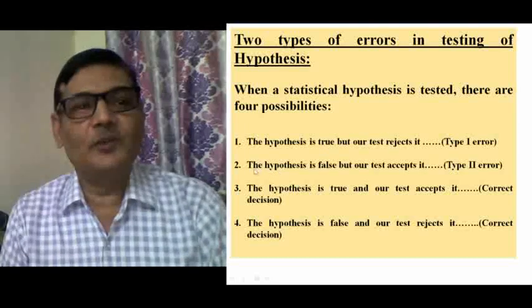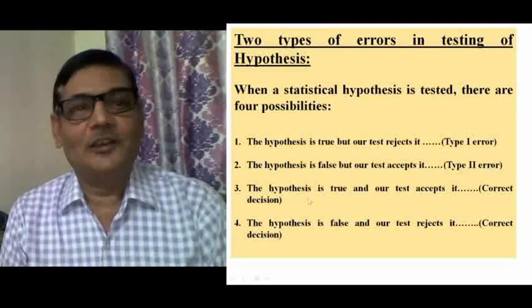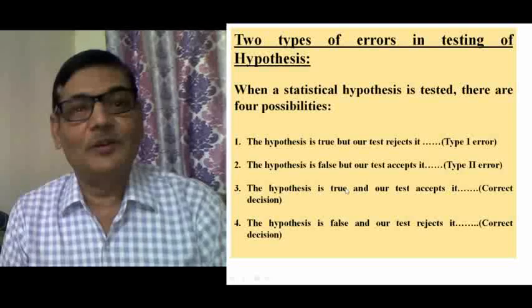The second situation is that the hypothesis is false, meaning you are deciding a hypothesis which is not correct, but you are accepting it, meaning your results help you to accept it. That is actually type 2 error, and this is actually a more dangerous situation. The third situation may be that the hypothesis is true and our test also accepts it.